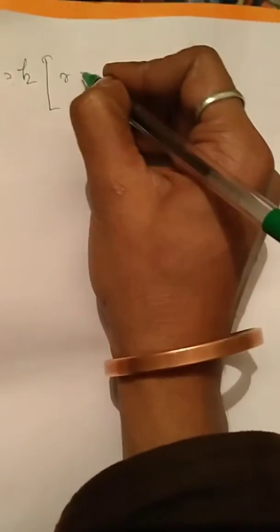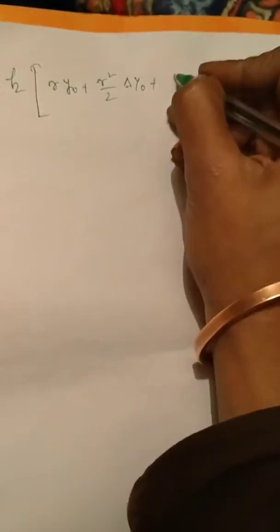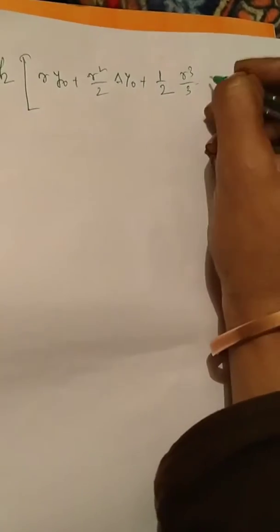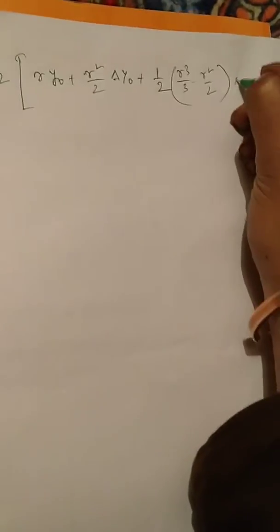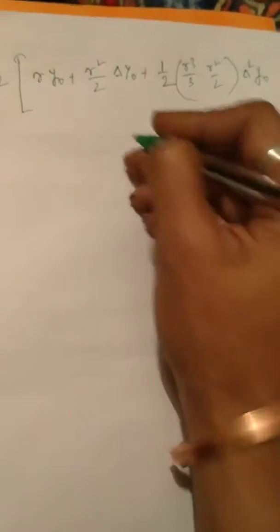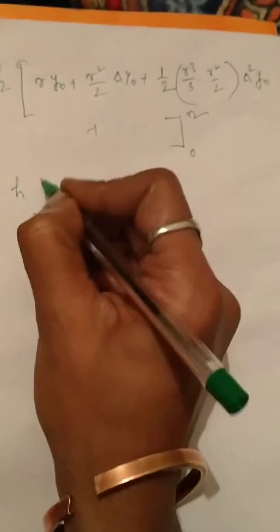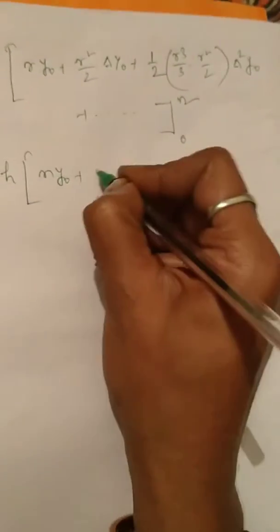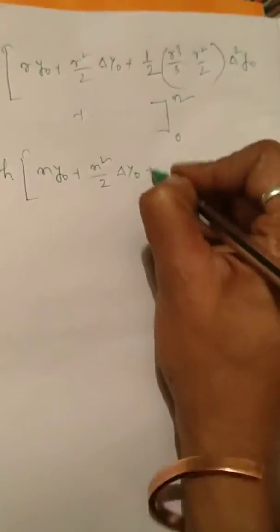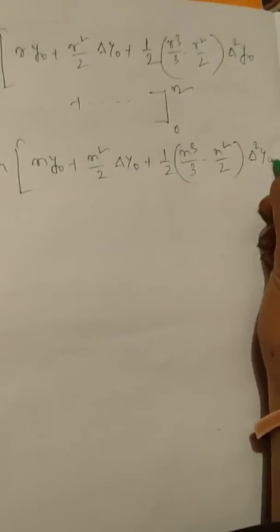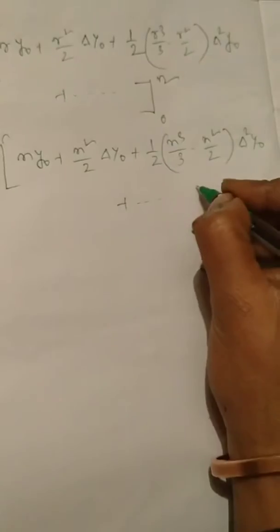So h we have to integrate, that means this will be r into y0 plus r square by 2 del y0 plus half into r cube by 3 minus r square by 2 into del square y0 plus, and the one will be 0 to n, and this will become n y0 plus n square by 2 del y0 plus half into n cube by 3 minus n square by 2 into del square y0 plus it will continue.